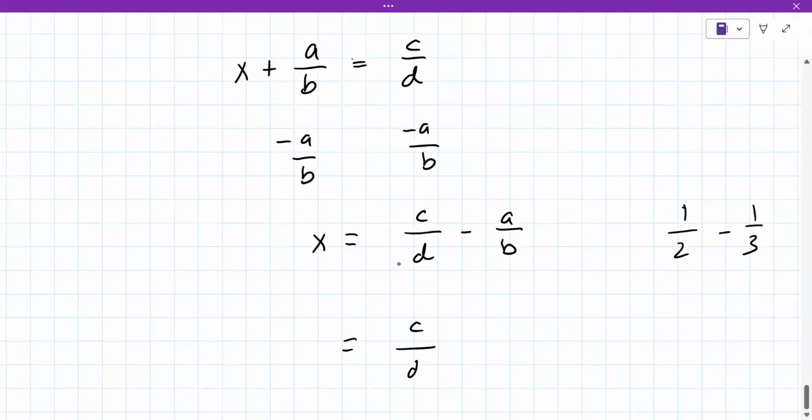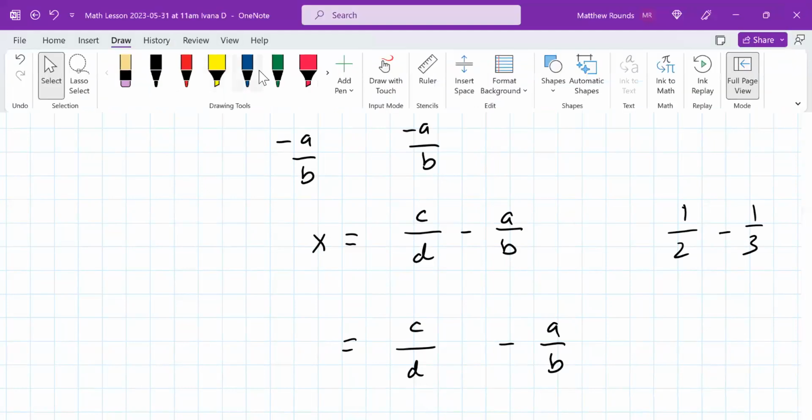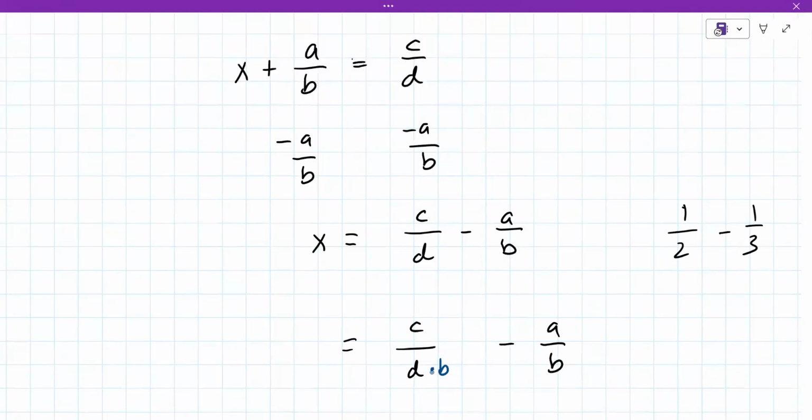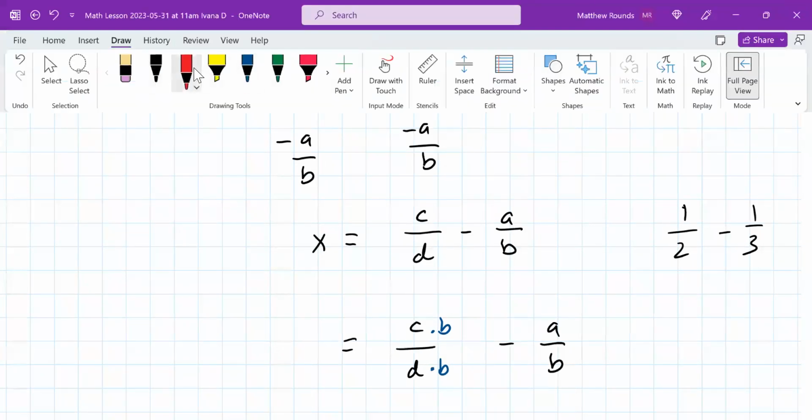Okay, so it's the same idea even with the letters. For the denominator, you ask yourself, what does one have that the other does not? The one on the left does not have a B, so you multiply the top and the bottom by B. And on the right, it's the same thing. What is B missing?